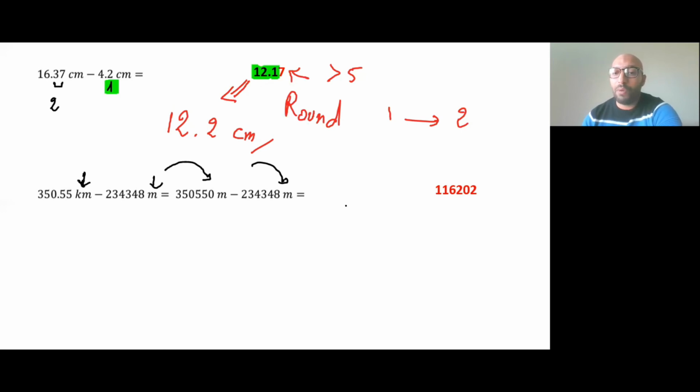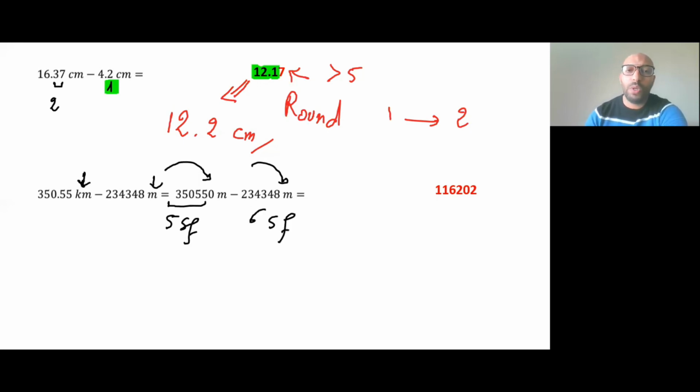So the result from the calculator gives 116,202. How many significant figures here? 1, 2, 3, 4, 5. 5 significant figures. We don't have any digit after the point. How many significant figures here? 1, 2, 3, 4, 5, 6 significant figures.